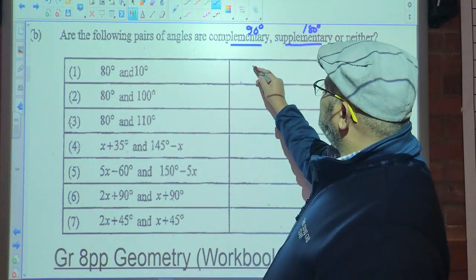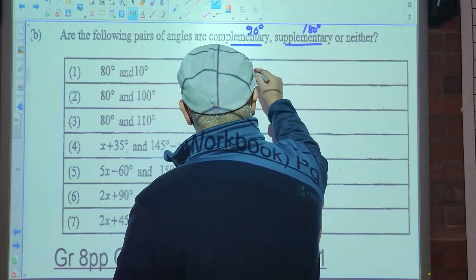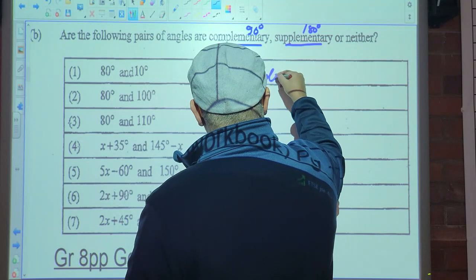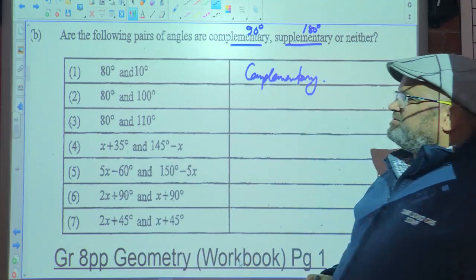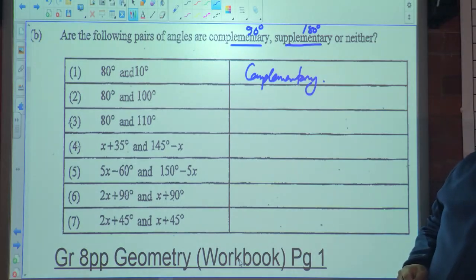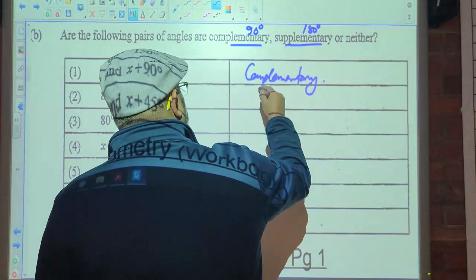So that is complementary angles. Okay. 80 plus 100? Supplementary. Adds up to 180, so it's supplementary angles.